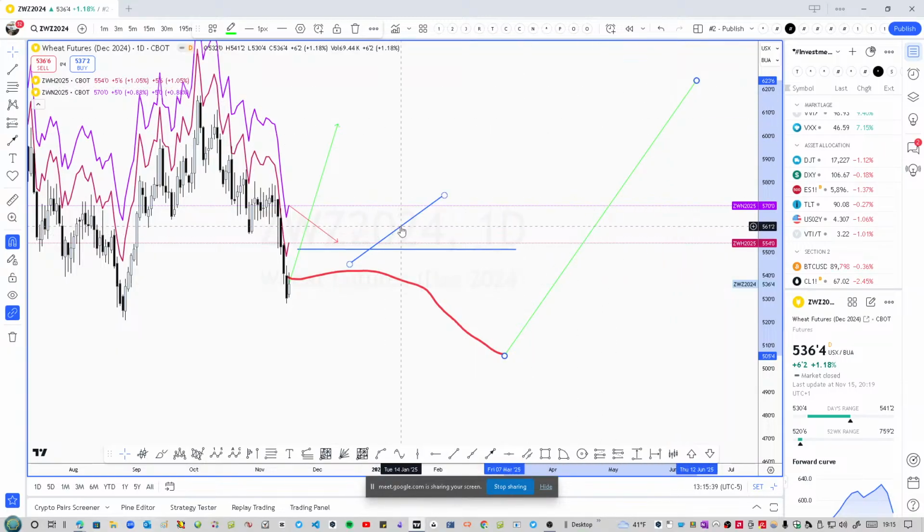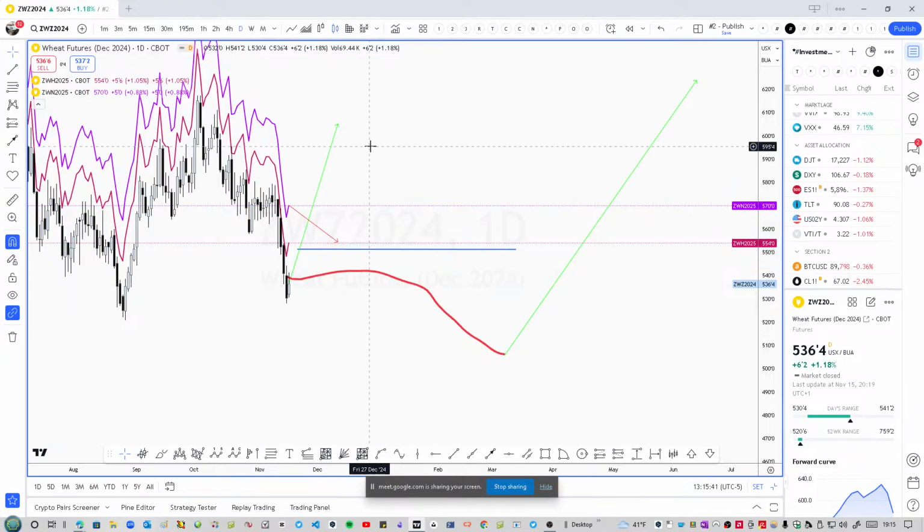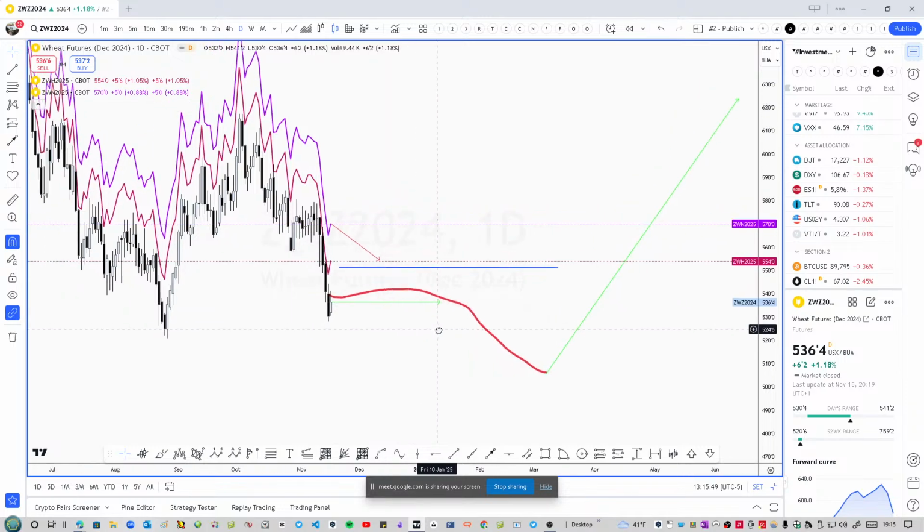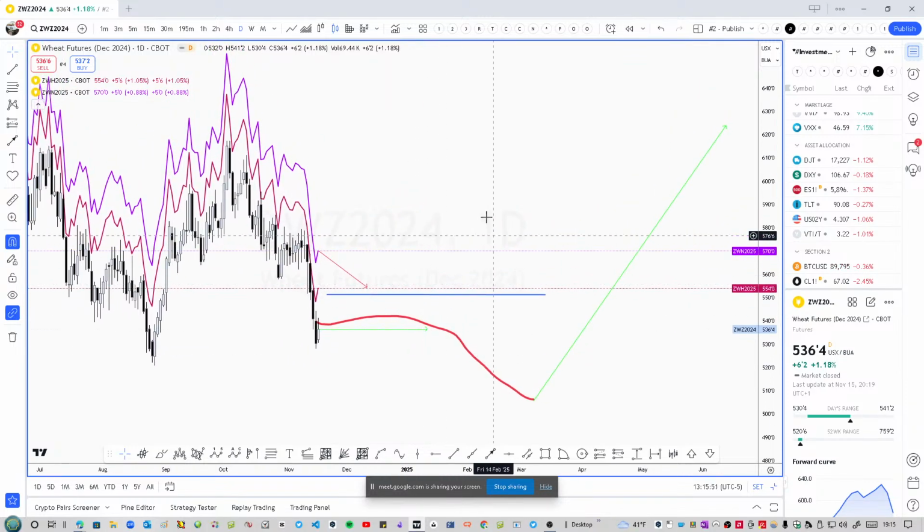So I know it's a little bit confusing and difficult, but it is a very important concept that you understand this future price reactions.